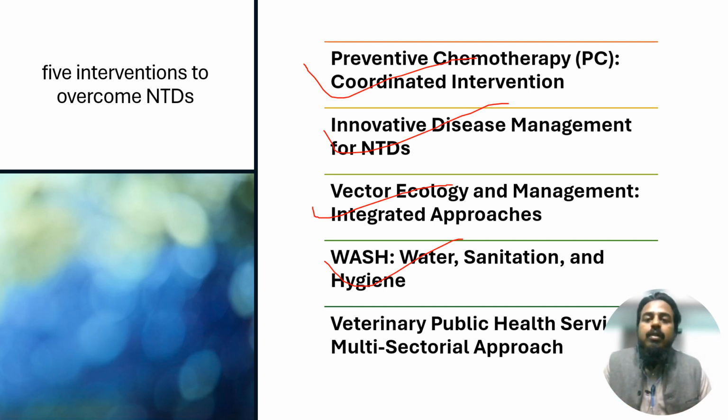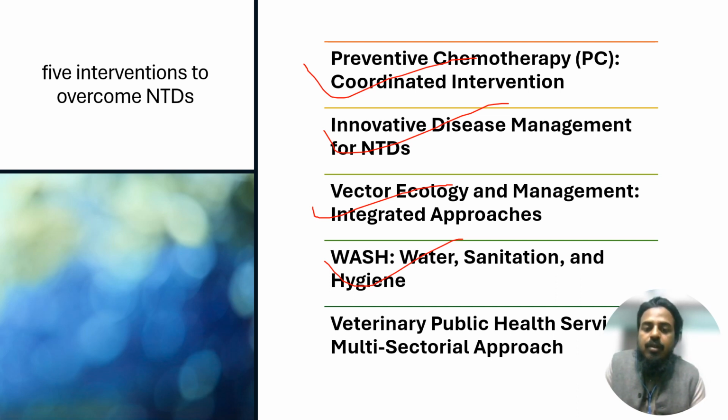Pathogens causing NTDs thrive where water and sanitation are inadequate, so proper sanitation and hygiene are important, particularly in controlling soil-transmitted helminths. We have to take care of this through its promotion.